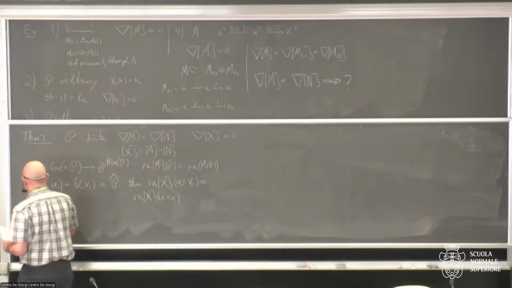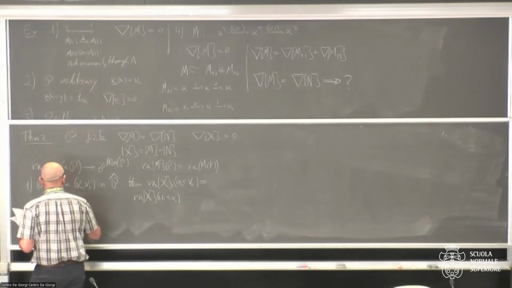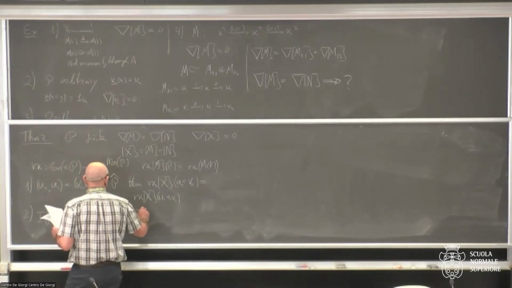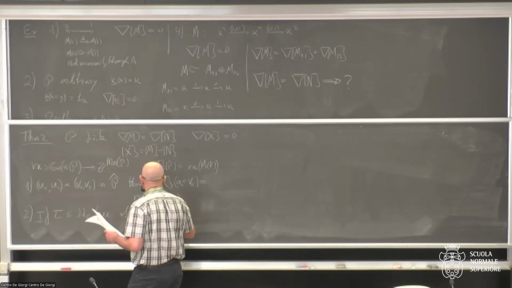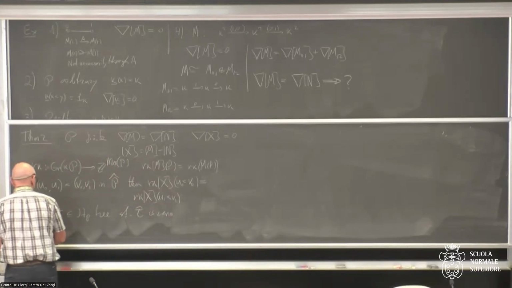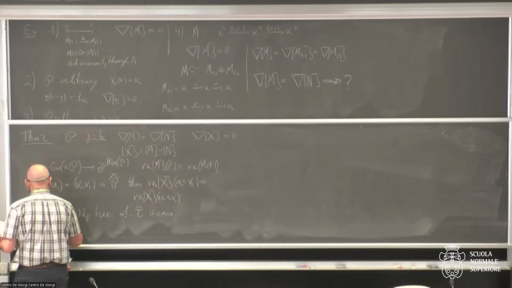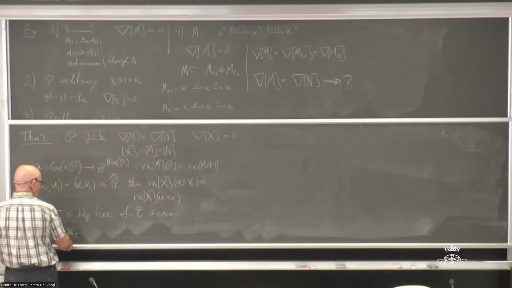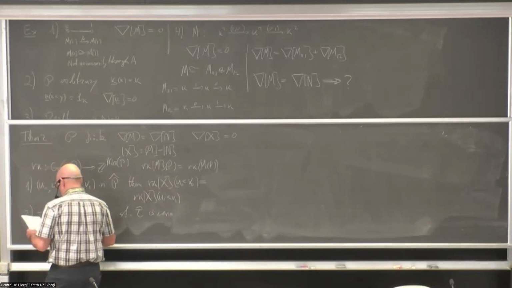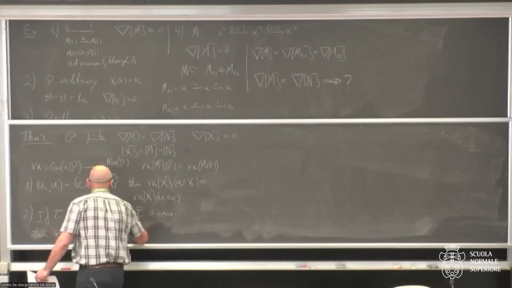Now, if T in HP is a tree such that T hat is connected, then two things happen. Then the rank of X restricted to T, the rank of X restricted to T of N, is constant on identity morphisms.